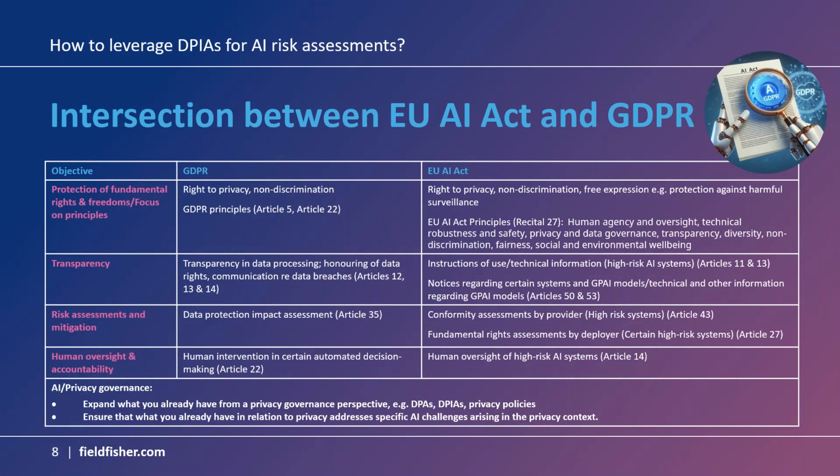And there will be specific challenges, for example, around accuracy, around ensuring fairness through non-discrimination, ensuring that there's no bias within the AI system, ensuring that you comply with the requirements of Article 22 of the GDPR in relation to automated decision making. So it's about making sure that you're expanding out your DPIA to cover all of these additional requirements to the extent that they apply.